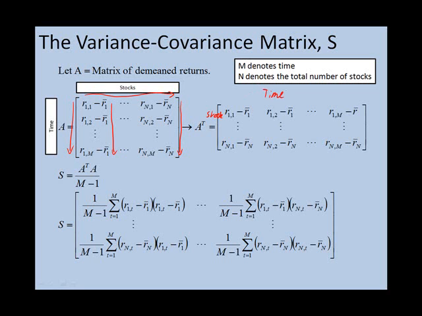To calculate the variance-covariance matrix S, what we do is A transpose times A, all divided by m minus 1. That's going to give us our variance-covariance matrix. But once again, it's very difficult to see that just by looking at these formulas. So let's work through an example.